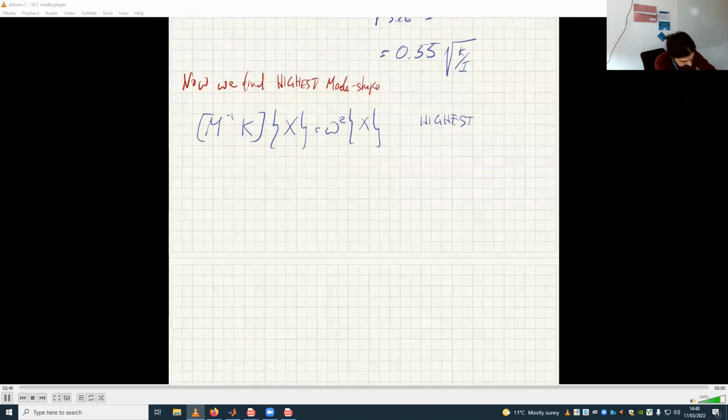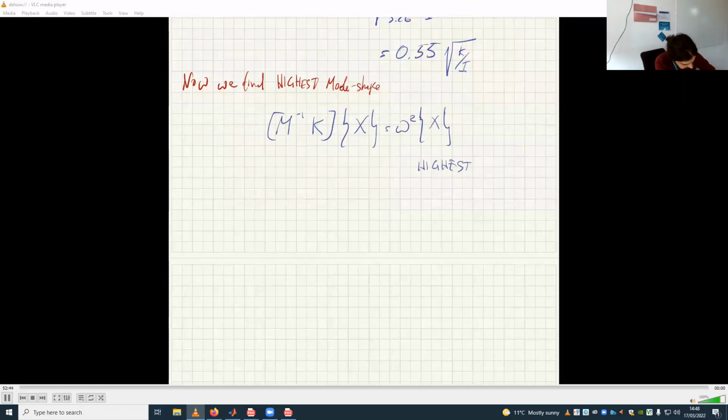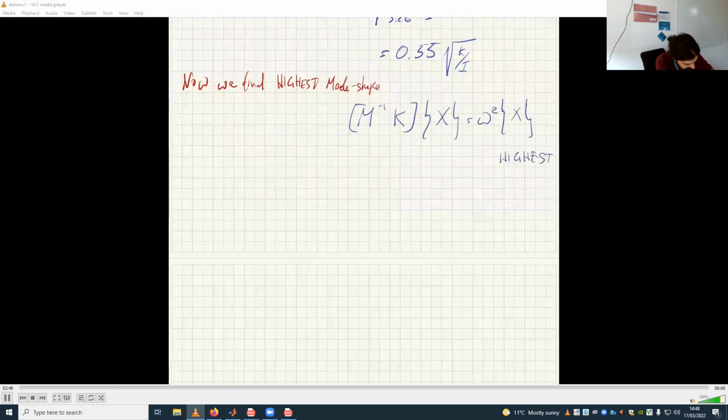So remember this is what we use. And in this case, the first guess would be, since it's the highest, we're talking about X3 now. So we are now looking at X3.